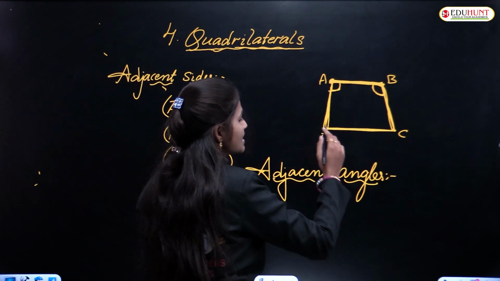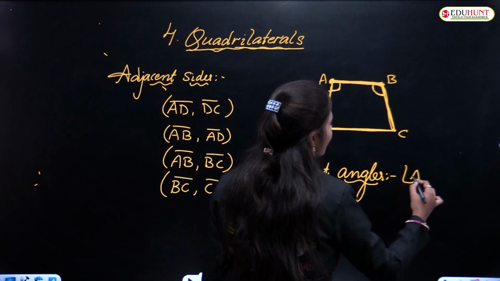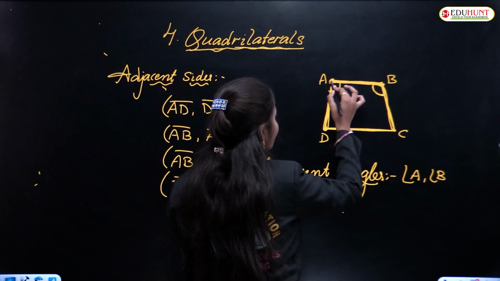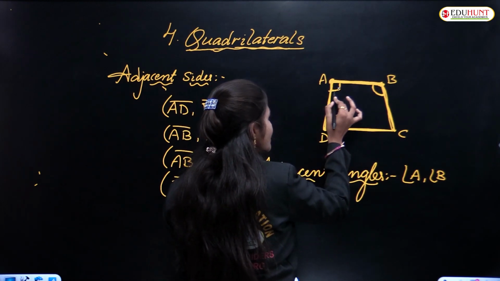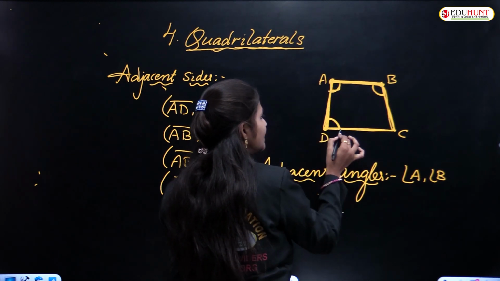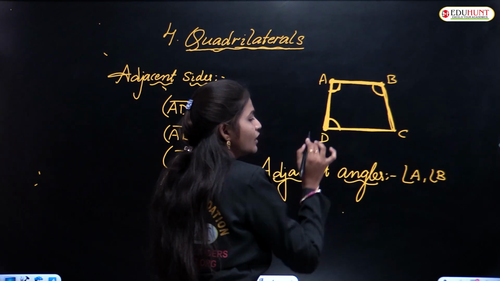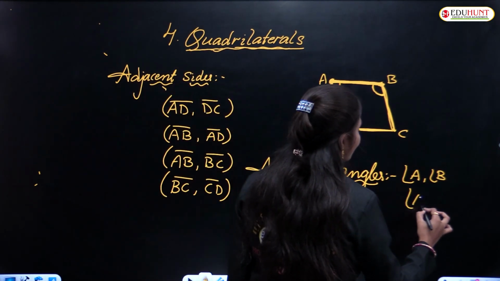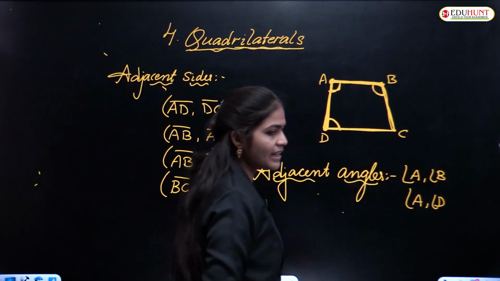Okay children, so angle A and angle B are adjacent angles. Also, angle is formed at A and angle is formed at D by the common side AD, so angle A and angle D are also adjacent angles.